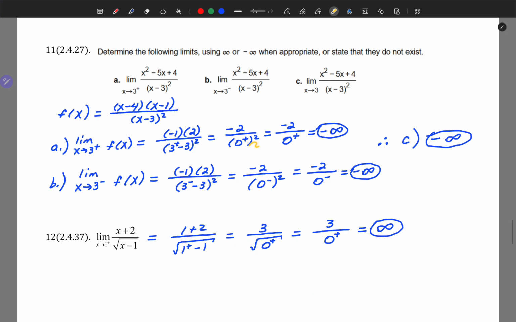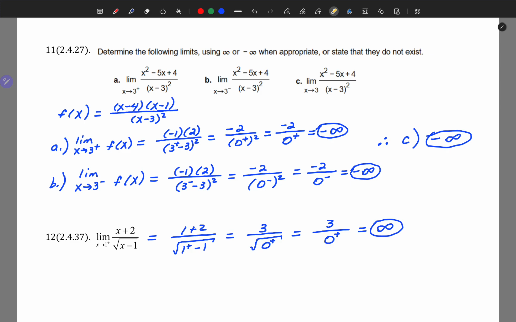When you square an infinitesimally small positive number, it stays an infinitesimally small positive number. My numerator, after plugging 3 in for it, just gave me a negative 2. So here I had negative 2 divided by an infinitesimally small positive number. I need you to remember, anytime you have any finite number divided by a number approaching 0, you're going to get infinity. However, this is a negative over a positive, so you get negative infinity.